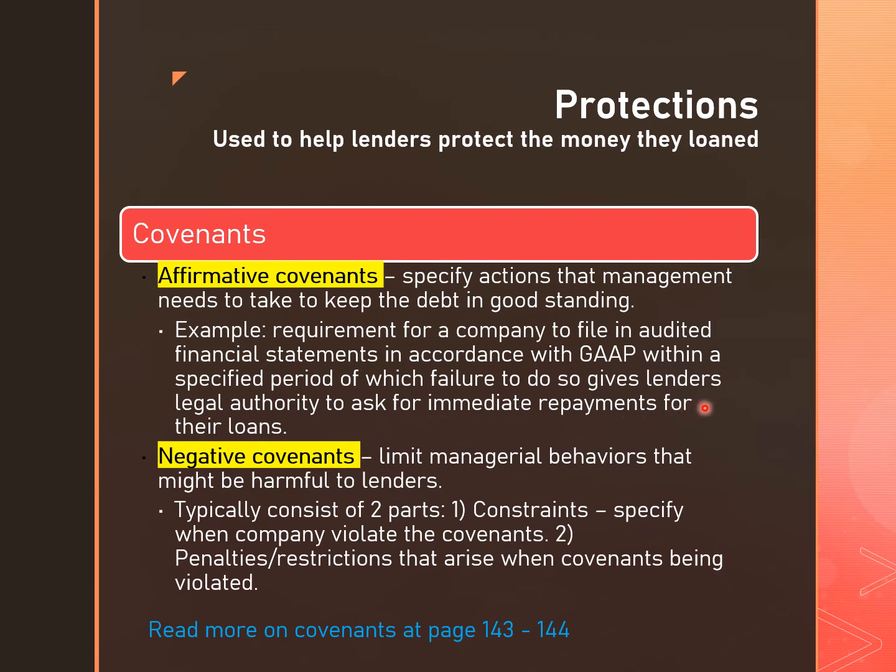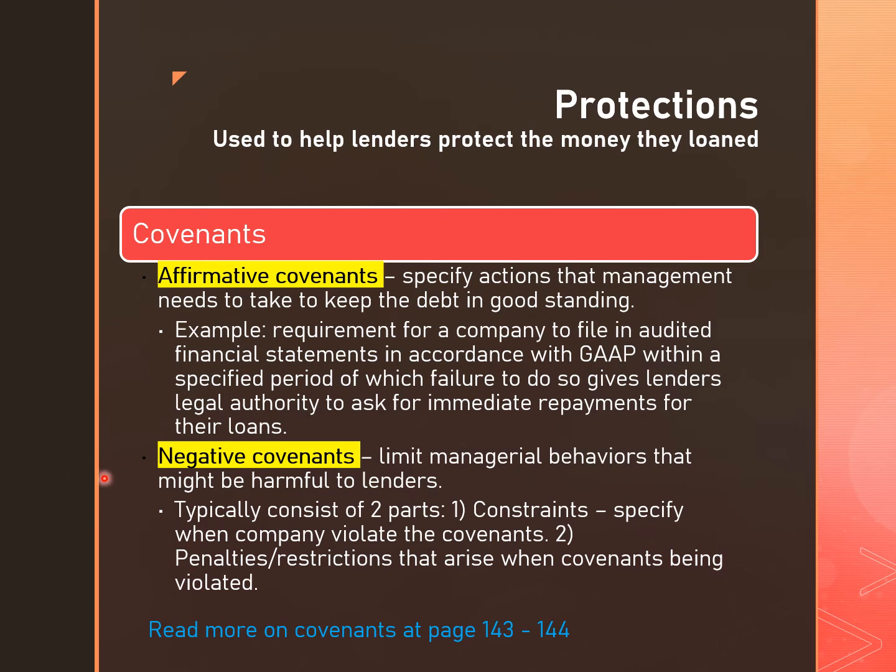Okay, so company must make sure they file in the audited financial statement accordingly lah, supaya lender ni tak akan enforce dia punya hutang kembali. Okay, that is affirmative. Dia dah specify apa yang awak kena buat untuk keep the debt in good standing.